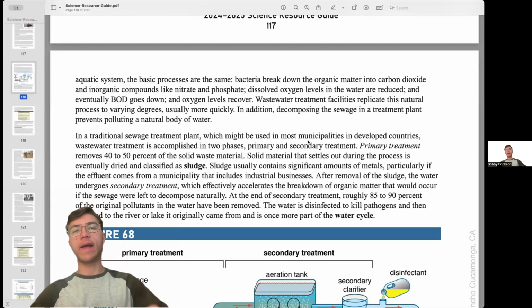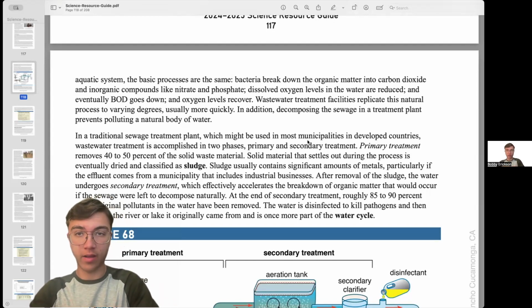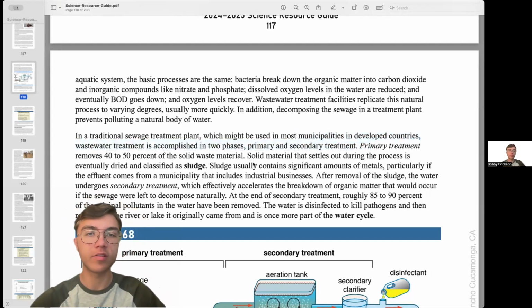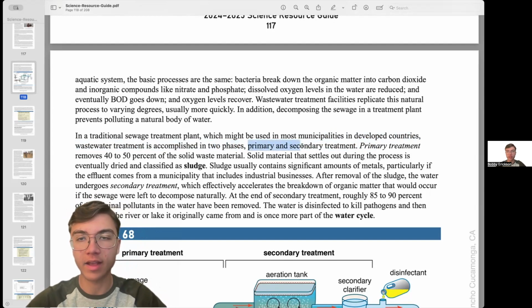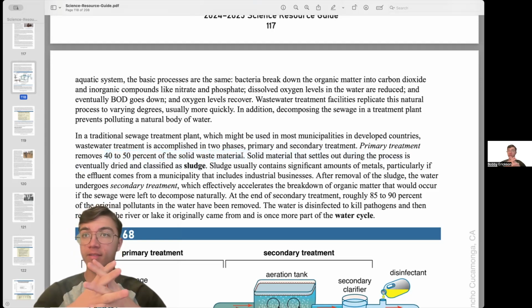So we're going to go ahead and describe the process of treating water. This is used by most municipalities in developed countries. It's accomplished in two phases: primary and secondary treatment. The primary treatment removes 40 to 50% of the solid waste material in the sewage.